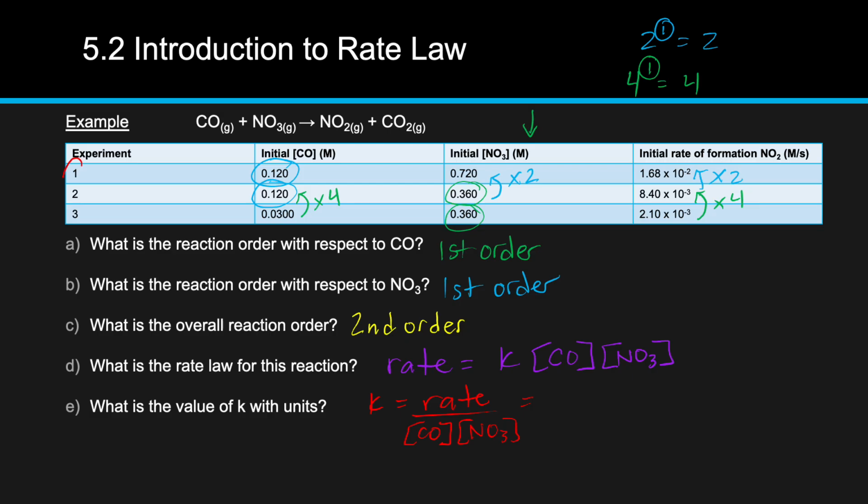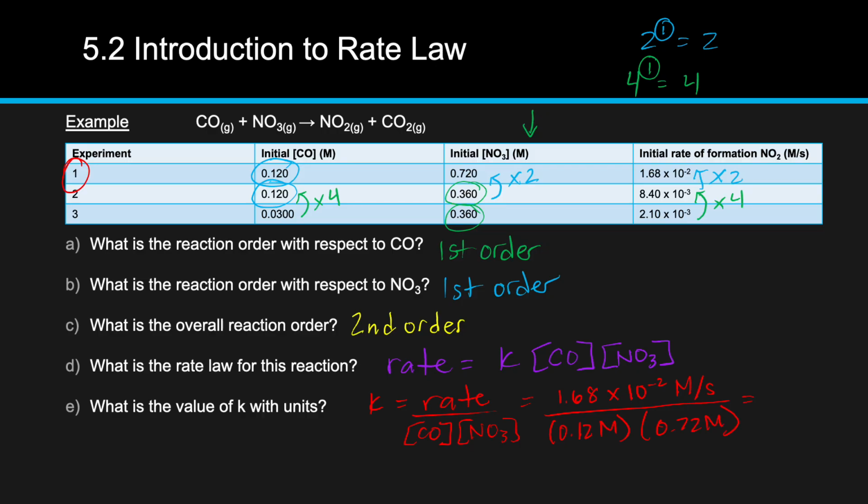So let's use experiment 1. So my rate is going to be 1.68 times 10 to the negative second concentration per second, divided by our concentration of CO, which is 0.12 molar, and our concentration of NO3, which is 0.72 molar.